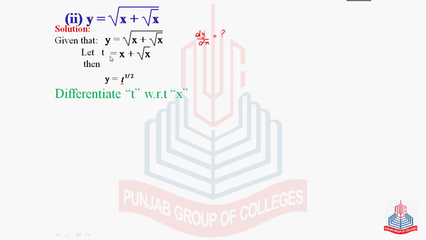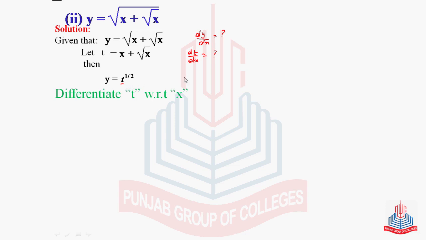So now t will become a function of x. So from this expression we have to calculate dt by dx, and by using substitution that y will become t raised to the power 1 by 2. So y will become a function of t.